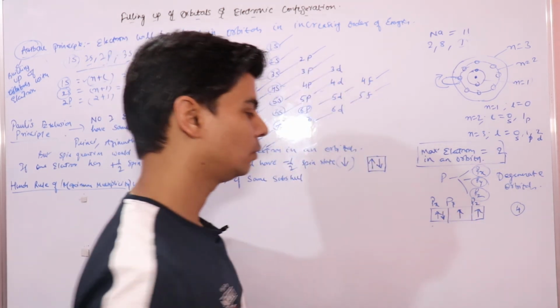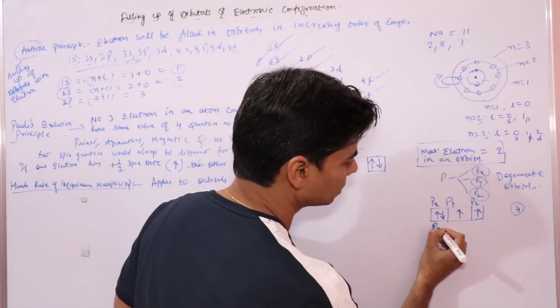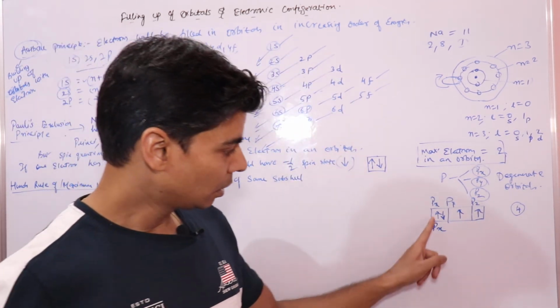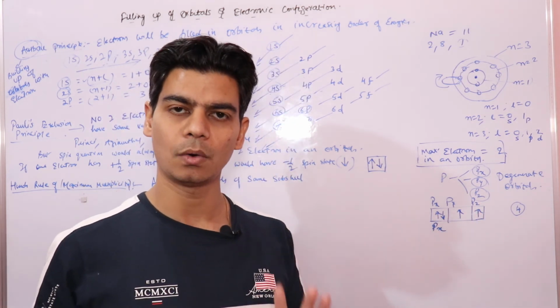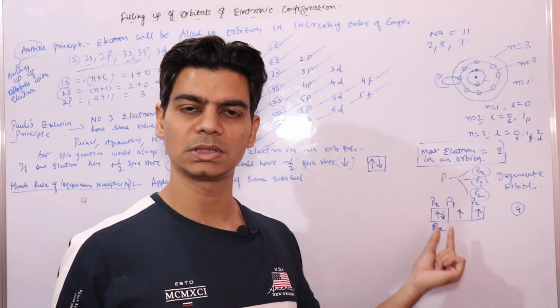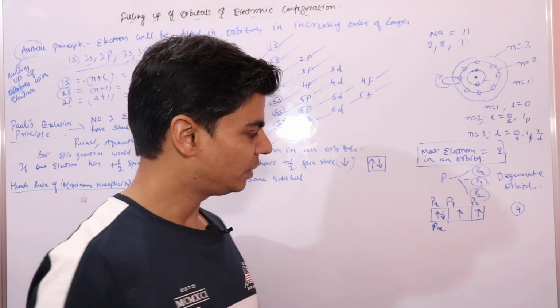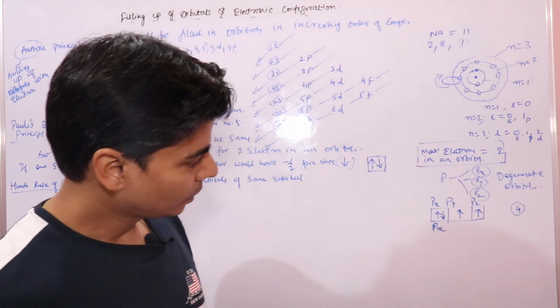I'll put the 1 electron in the px orbital. Once all these 3 orbitals are singly occupied or singly filled, then only we can go ahead and start pairing of electrons.